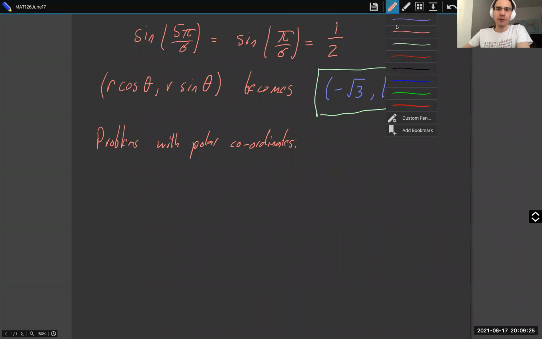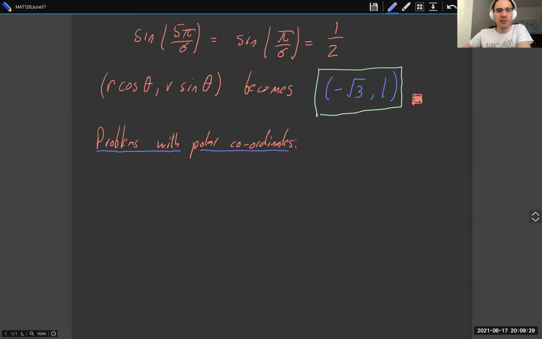Well, first off, suppose you take any angle and then you set the radius equal to 0. (0, theta) always denotes what? Which point?